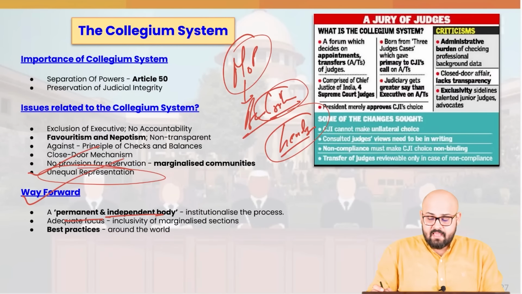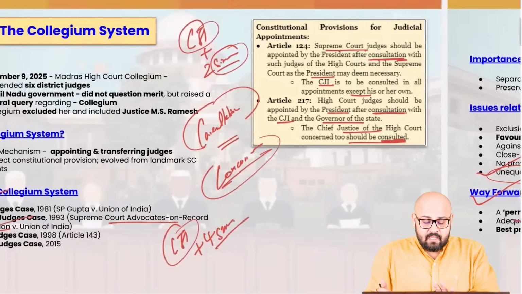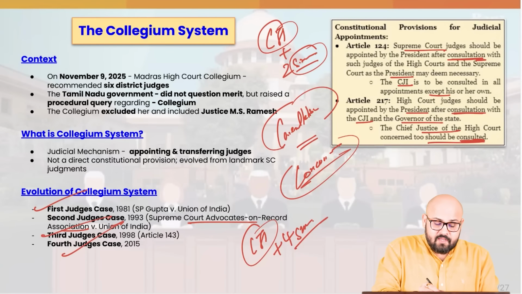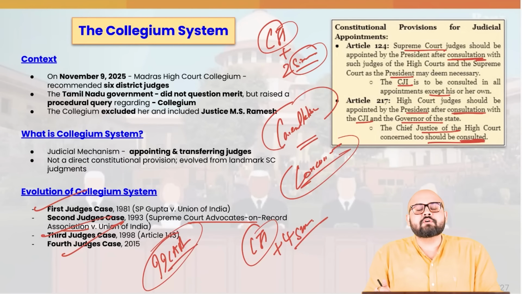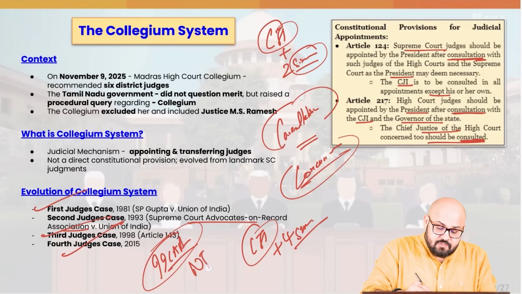It has to be created. See, we had the 4th Judges case in which the NJAC, which I did not talk about here. So we had the 99th Constitutional Amendment Act. It was struck down by the Supreme Court. And also the National Judicial Appointments Commission Act of 2014.